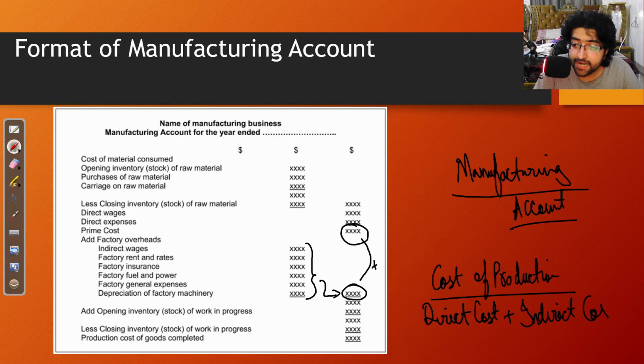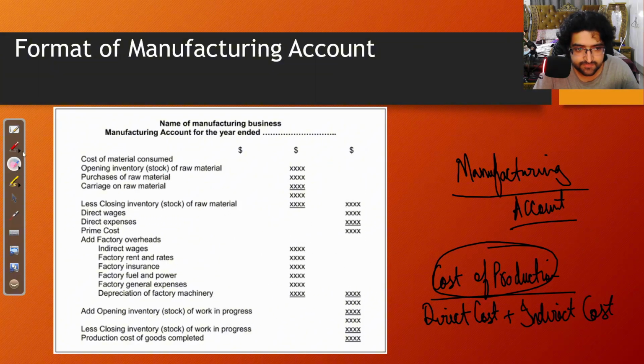So we have to add both to find the total cost of production. So we will add these two and we will get a new figure, which is this. Let's look at this now. We have added prime cost with all the indirect costs of the factory to get a new figure.